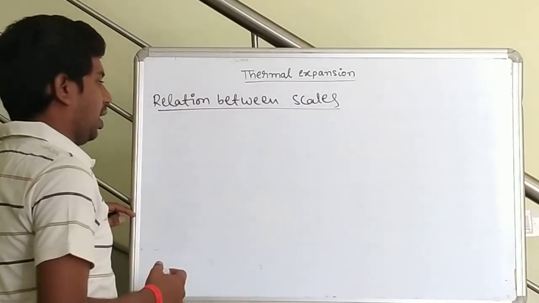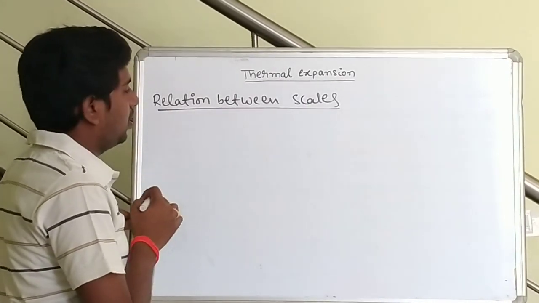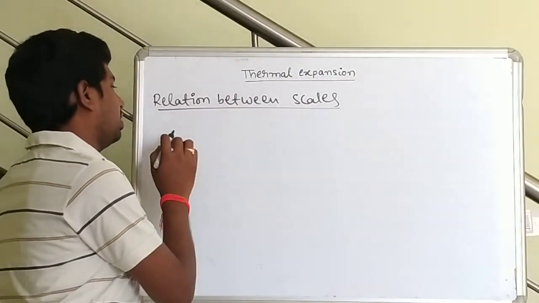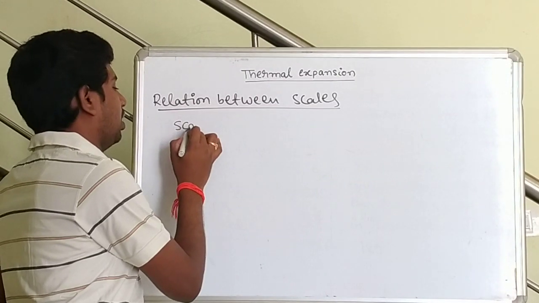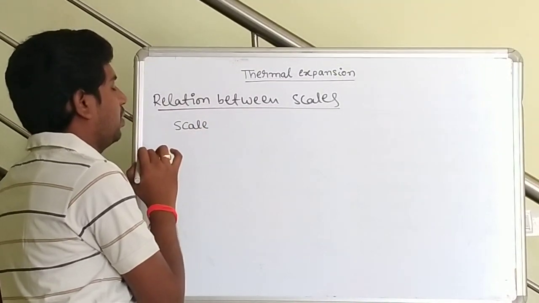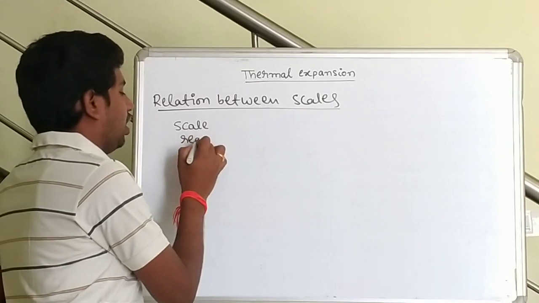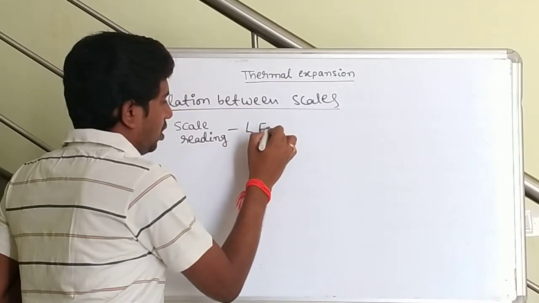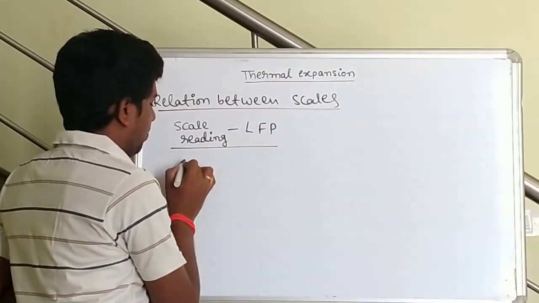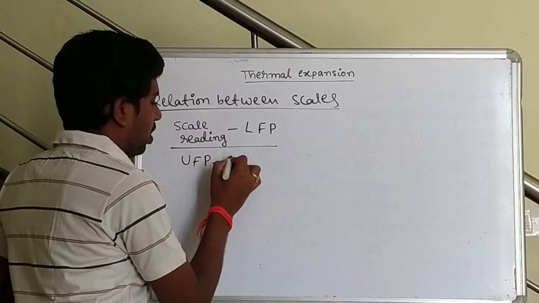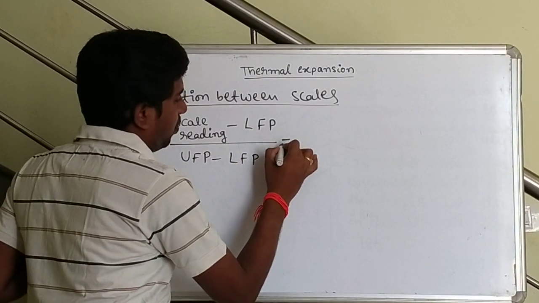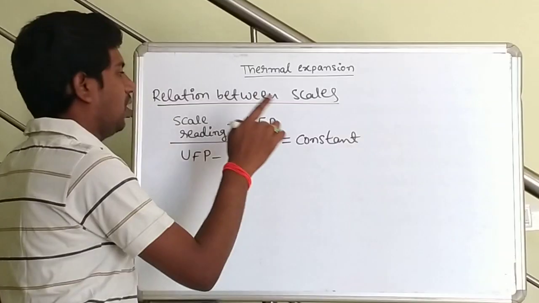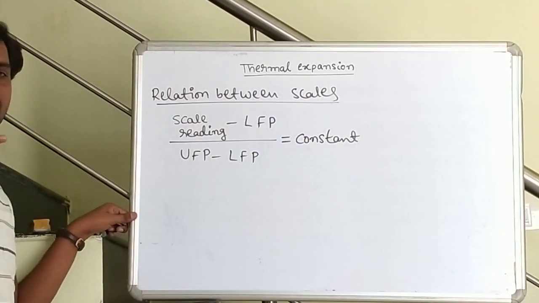To design any scale, there will be one condition, and using that condition we can derive the relation. The relation is, for any scale, we take the scale reading minus its lower fixed point, divided by upper fixed point minus lower fixed point, and this will give the same value, or we can say the value is constant for all the scales.